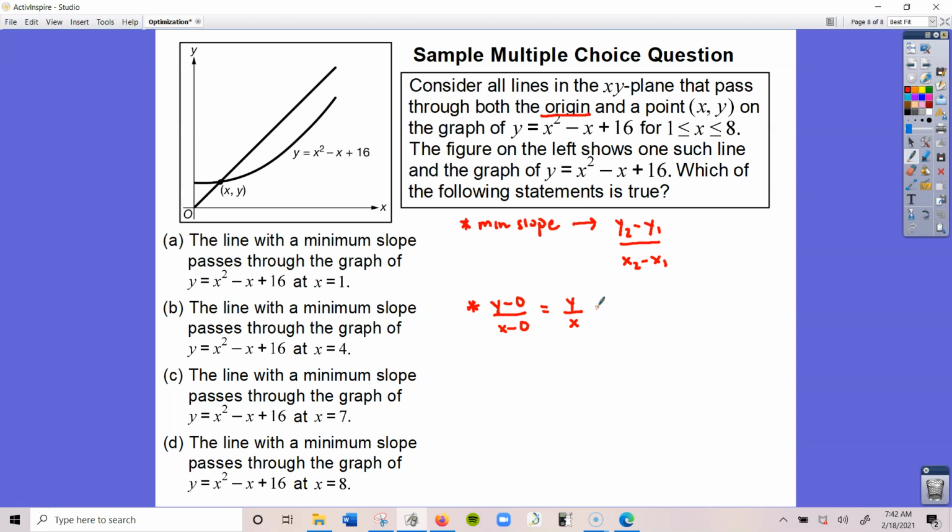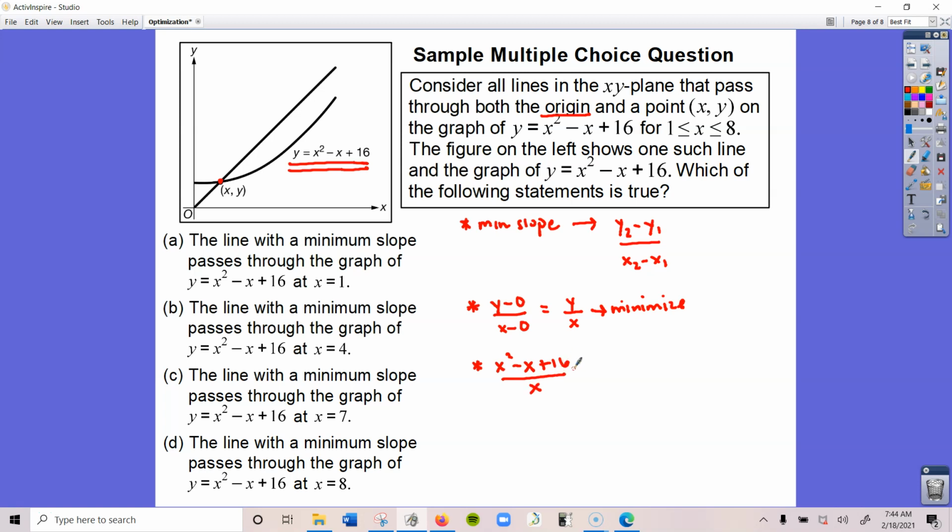Now this is what I'm trying to minimize. This question gives me what y is equal to, so I can take what this y is and plug it in for y here. So we would have x squared minus x plus 16 over x.